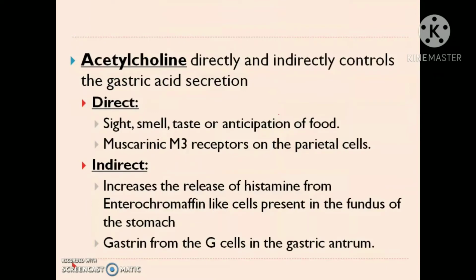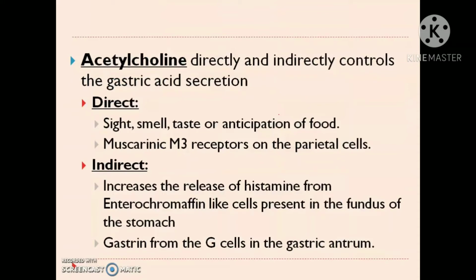The indirect mechanism of action of acetylcholine is that it increases the release of histamine from endochromaffin-like cells. Endochromaffin-like cells are present in the fundus of the stomach. Acetylcholine also increases the release of gastrin from the G cells in the gastric antrum.